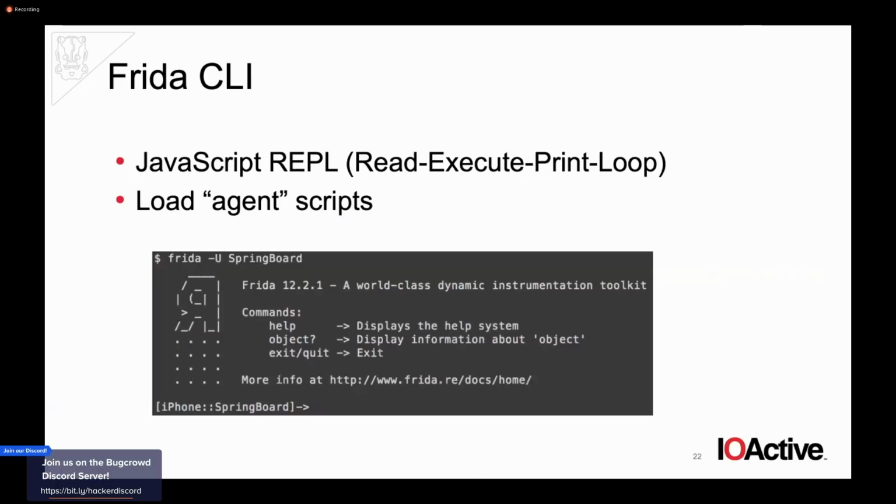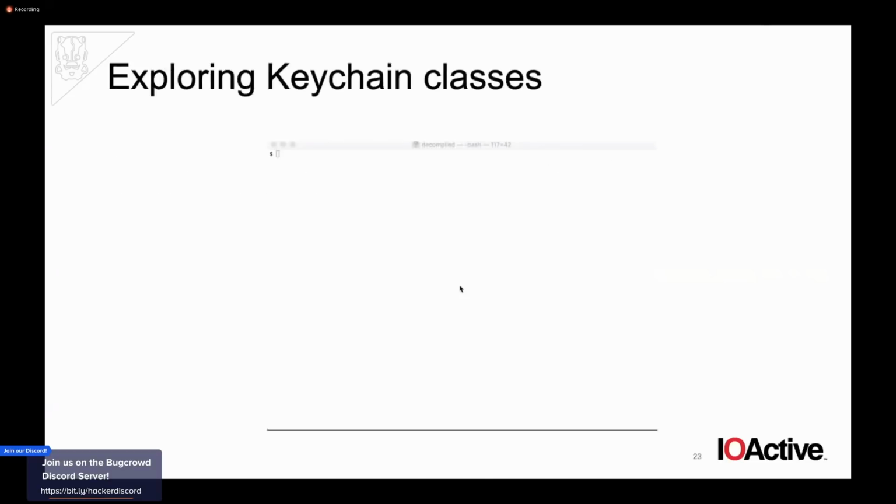We can also collect commands together in an agent script, just a whole file of JavaScript, and load that into the CLI, and it will inject it into our application at runtime. So this can be very handy when we just want to explore and try some things, try invoking some methods within our application and see what happens.